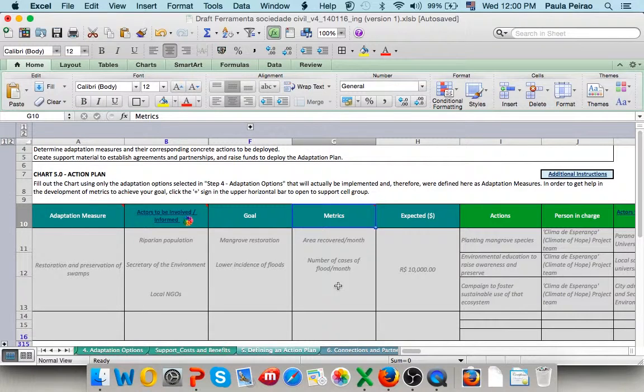In many cases, the project in which the adaptation plan is inserted ends before the results can be observed. For this reason, it is important that monitoring counts with both process indicators, which are focused on the implementation of measures and actions, and with outcome indicators, which are focused on the partial and final results.